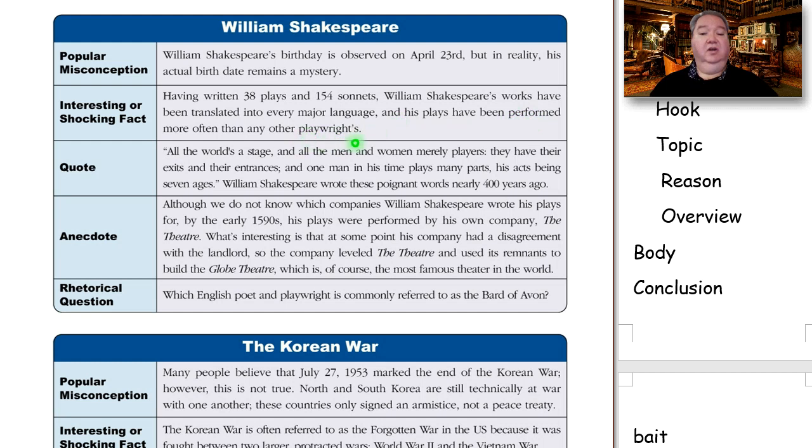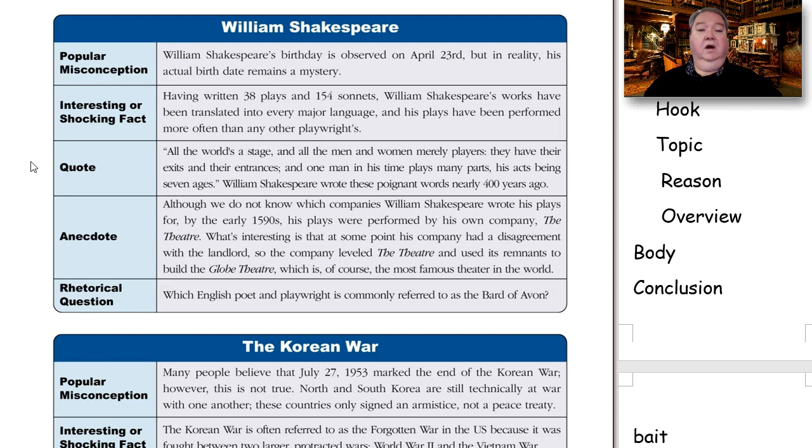That's the word for a person who writes plays. A playwright. That's amazing. That in all these years, since, even after his death, his works have still been performed more than anyone else's. That's pretty impressive.